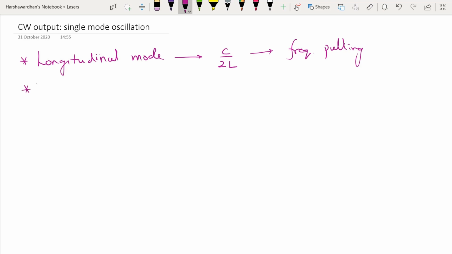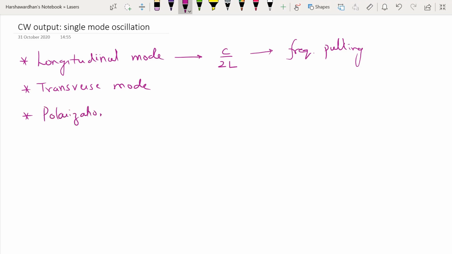The second issue that we are not worried about at the moment is the transverse modes, but they of course play an important role. But at the moment when I'm talking about single mode oscillation, I'm focusing myself to the discussion of longitudinal modes. We have not talked about polarization.